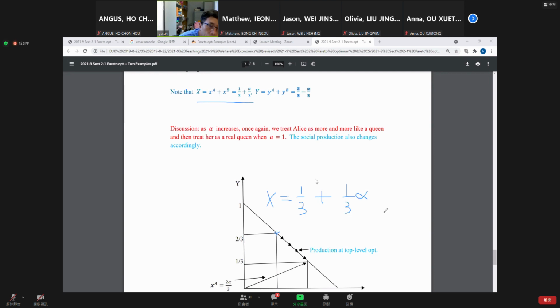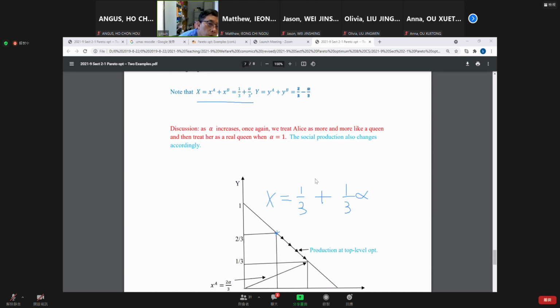Because for Alice, if you look at the preference, the utility function, you will find X is twice as important as Y. In other words, Alice cares more about X and Bob cares more about Y.